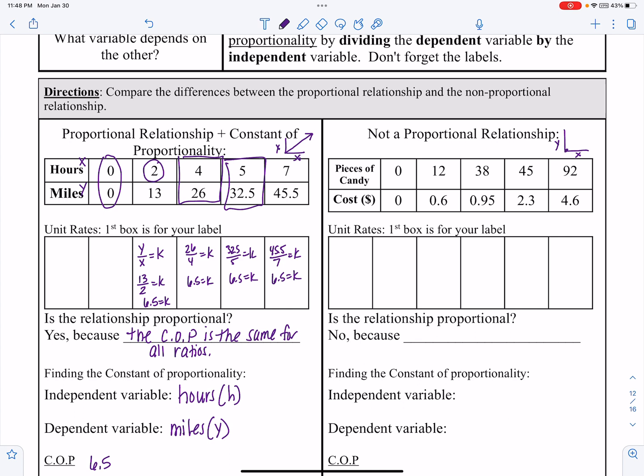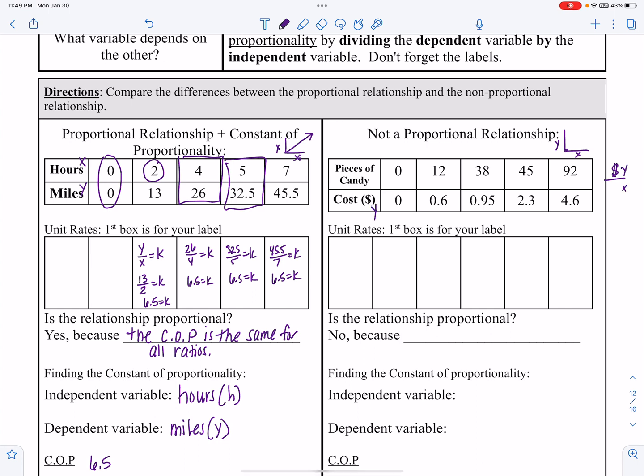Okay, so let's go ahead and check it out. We need to identify your independent and dependent. Because we have cost, I always know that cost is going to go on top, and so my cost is dependent on the pieces of candy. Okay, because remember, we always do cost over the other information, so that means this is y and my other is going to be x.